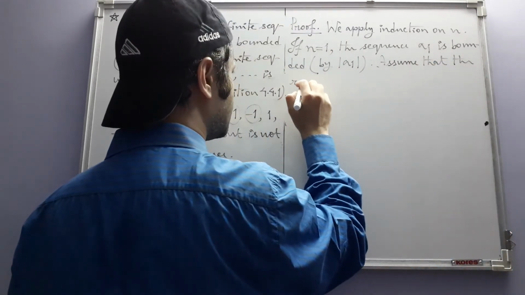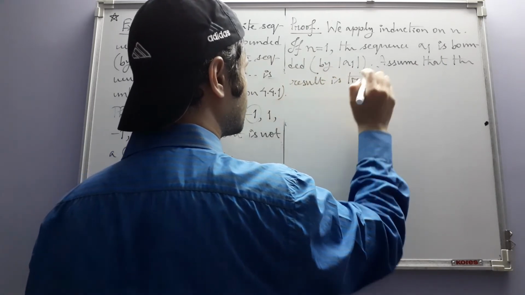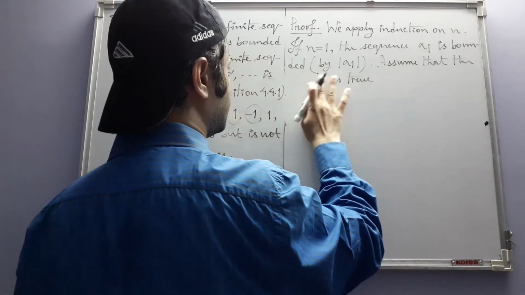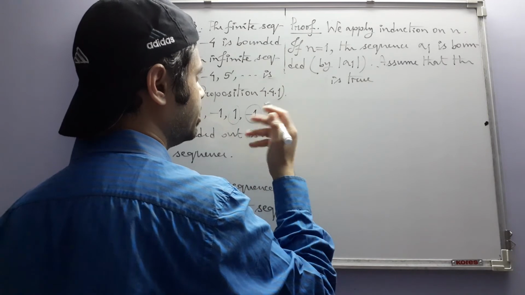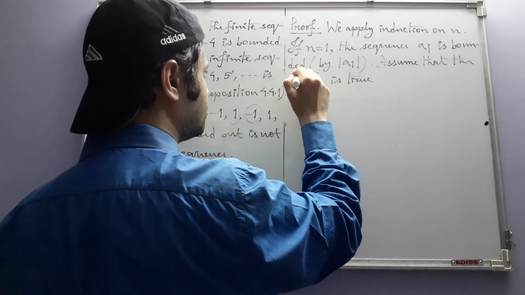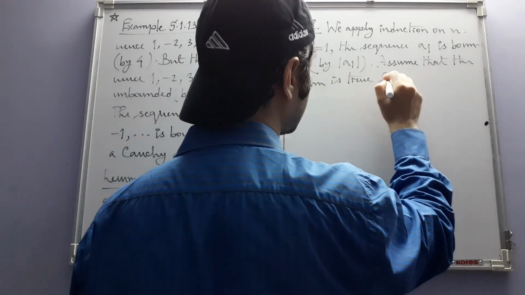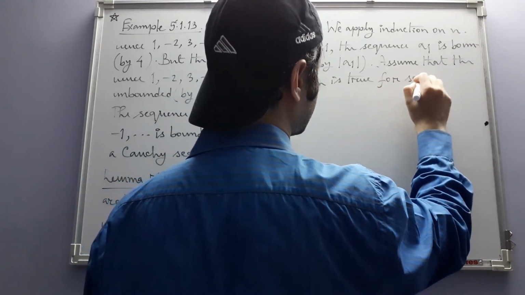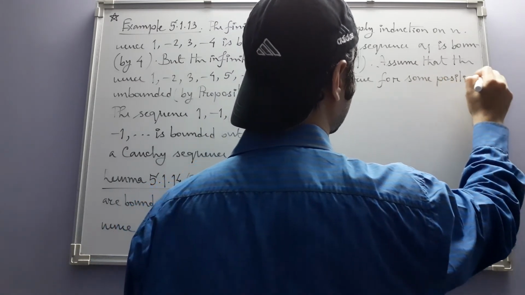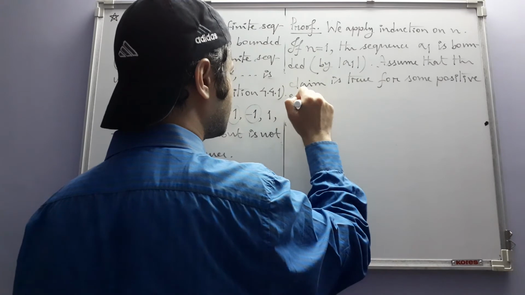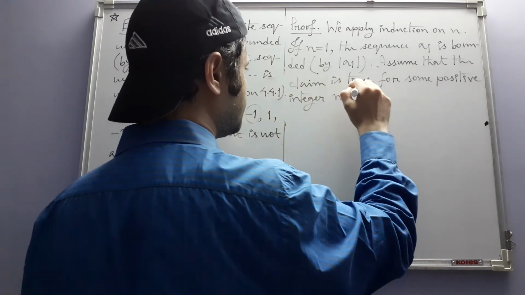Assume that the result is true, or okay, see, this is one of my mistakes. I should not call it a result before proving. Assume that the claim is true for some positive integer n.